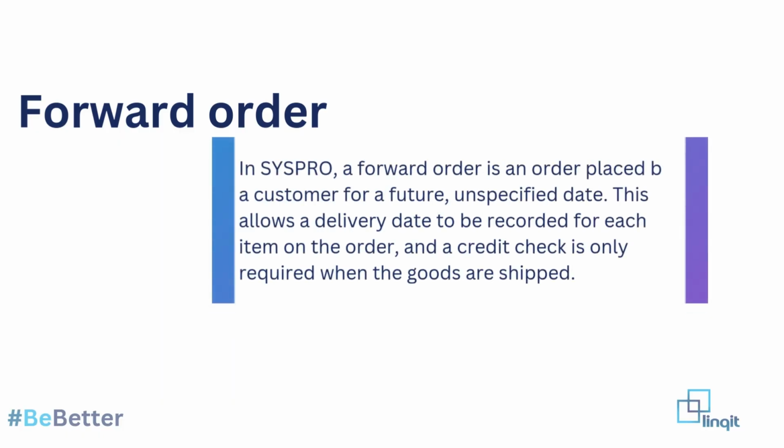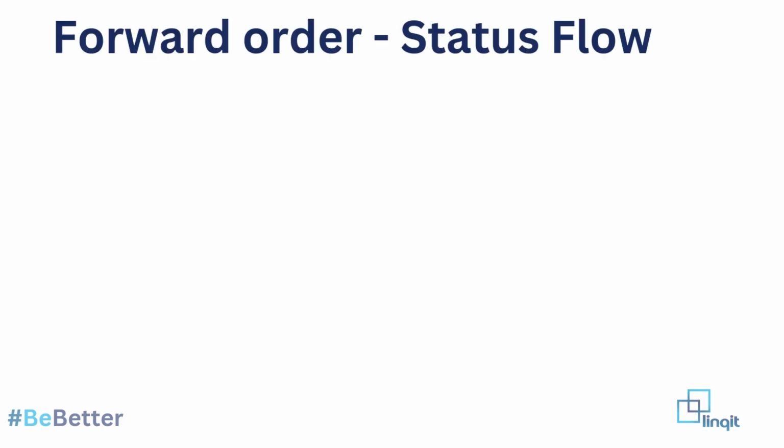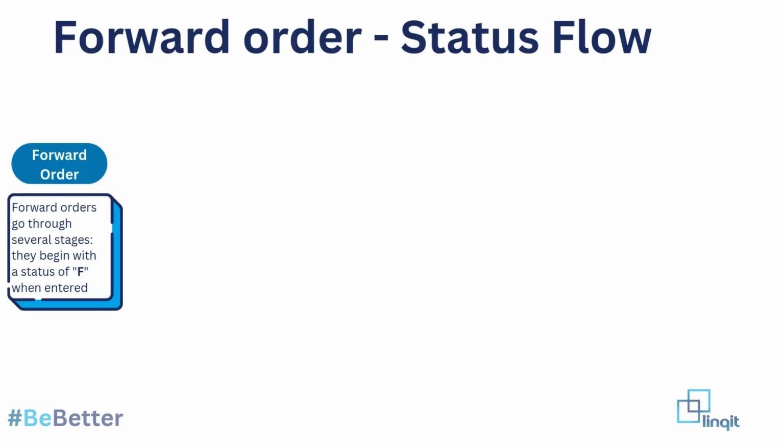In SYSPRO, a forward order is an order placed by a customer for a future unspecified date. This allows a delivery date to be recorded for each item on the order, and a credit check is only required when the goods are shipped. The forward order status flow: forward orders go through several stages.